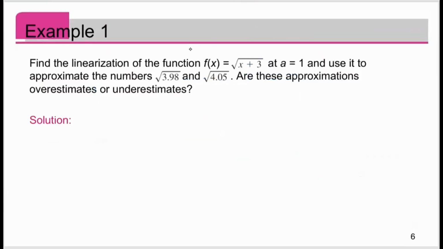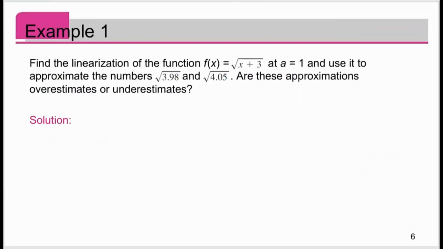Okay, so let's take a look at one example to give you a good understanding of how this linearization works. So we are going to use the equation that we had in the previous slide. We want to find the linearization of the function f(x) equal to square root of (x plus 3) at the particular point a equal to 1.